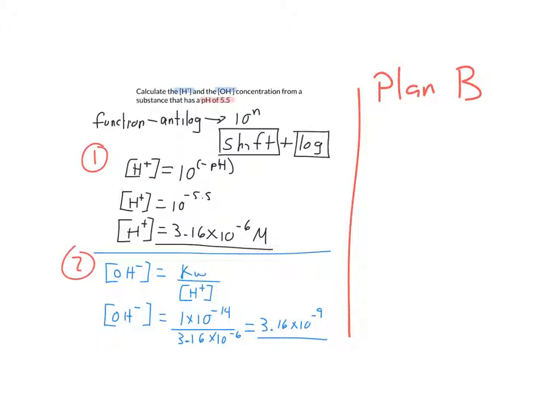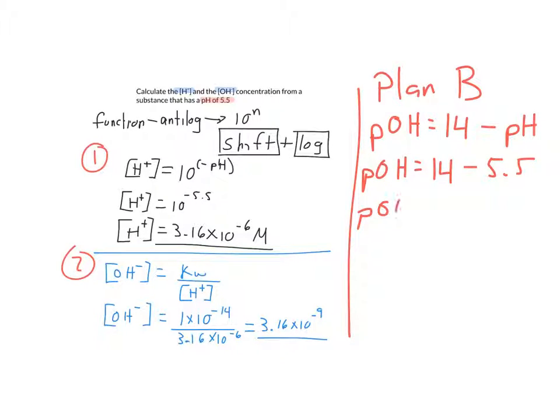So instead of using the Kw, we're going to use the other rule that says that the pOH plus the pH is 14, so we can obtain the pOH by subtracting: 14 minus the pH. For this problem it is 14 minus 5.5, and that's the pOH value.